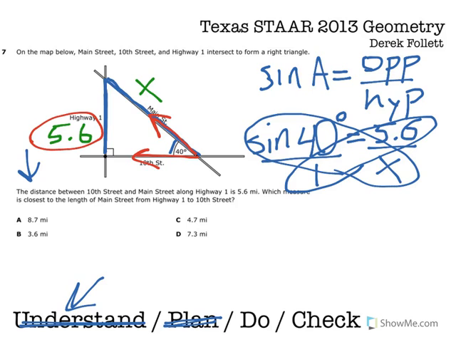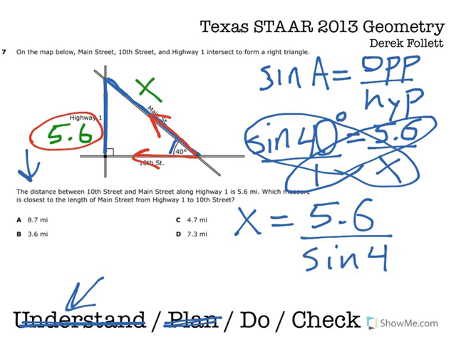So I'm going to end up with x equals 1 times 5.6 divided by sine 40 degrees. Okay, let me grab my calculator. I get x is about 8.71 miles.